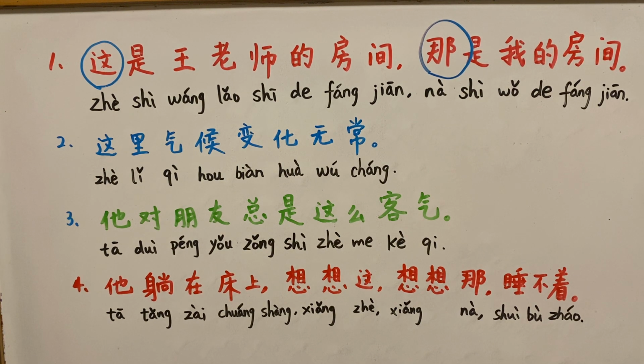He lies on the bed. 想想这，想想那, thinking about this and thinking about that, or keep thinking, he keeps on thinking about this and about that. 睡不着，睡不着 means cannot fall asleep, right?